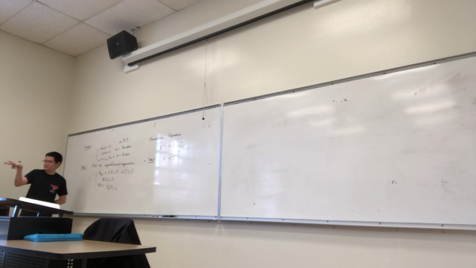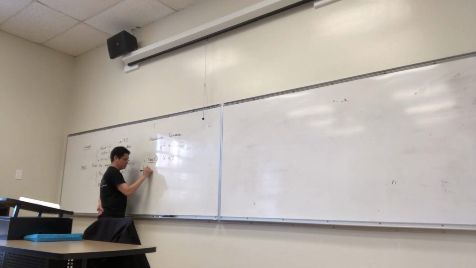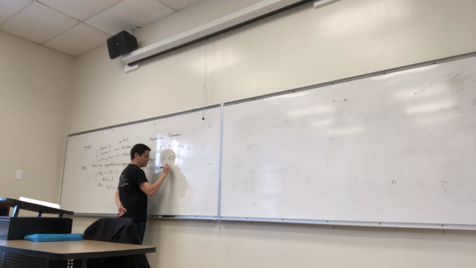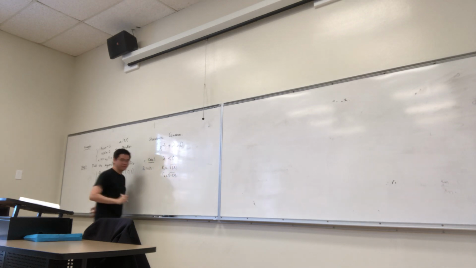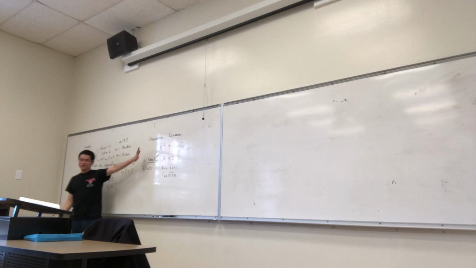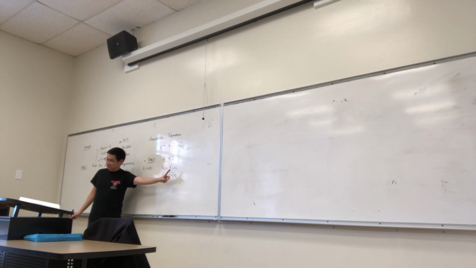Two real roots. So you have two roots. The first one will be square root of the absolute value of lambda, and the second one is minus square root of the absolute value of lambda.